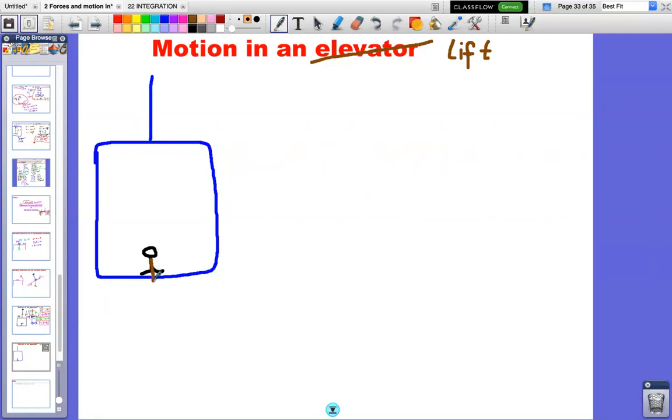There is your weight, vertically downwards, mg, and there is the reaction, the lift on you, call that R. All right? Now, let's say the lift is accelerating upwards.